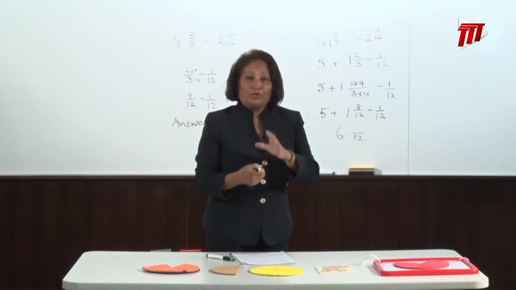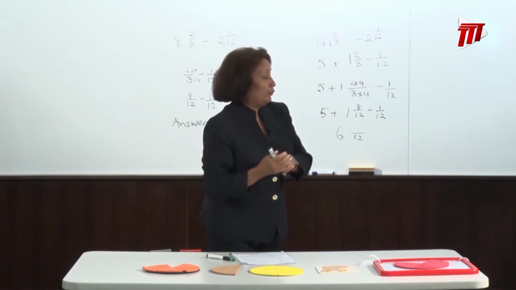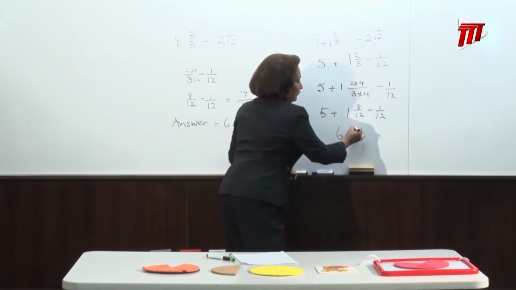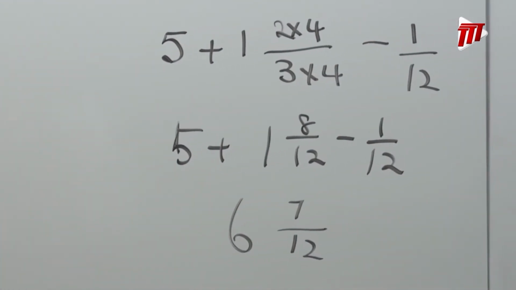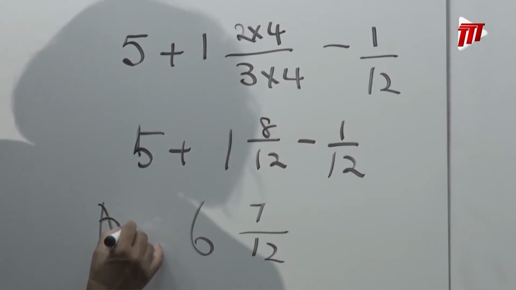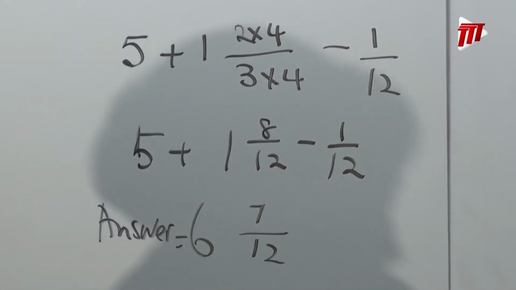Now, it is very important for the denominators to be the same. So I would keep saying it so that you will remember. The difference, 8 minus 1, would give me 7/12, which is exactly what we got here. So your answer would be 6 and 7/12.